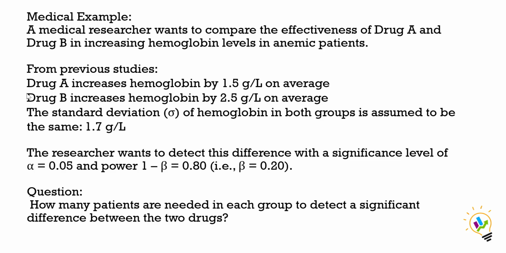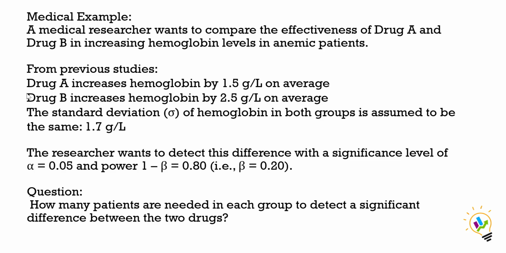The standard deviation sigma of hemoglobin in both groups is assumed to be the same, that is 1.7 grams per liter. The researcher wants to detect this difference with a significance level of alpha 0.05, that is 95% confidence level. The power of the test is 0.80 because the beta is 0.20. So 1 minus beta is equal to 0.80.